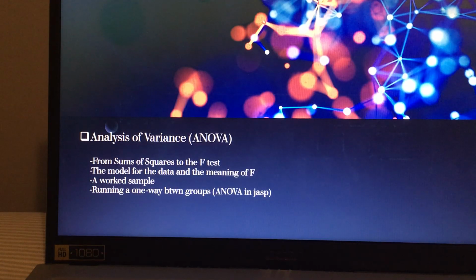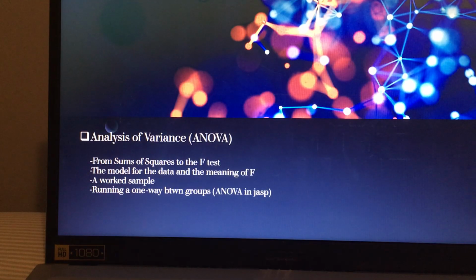So now that we've calculated our sums of squares, SSB and SSW, the rest of the ANOVA should be relatively painless. The next step is to calculate degrees of freedom. Since we have G equals 3 groups and N equals 18, the degrees of freedom between groups equals G minus 1, which equals 2.